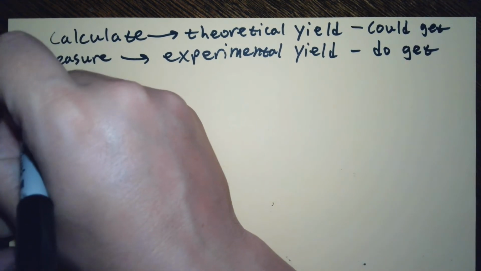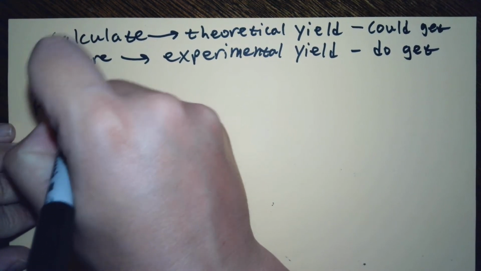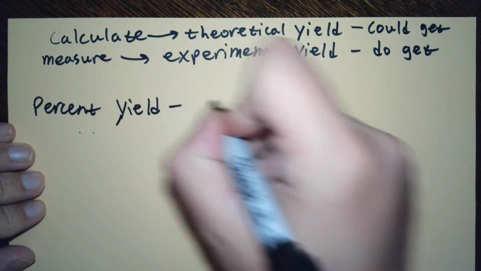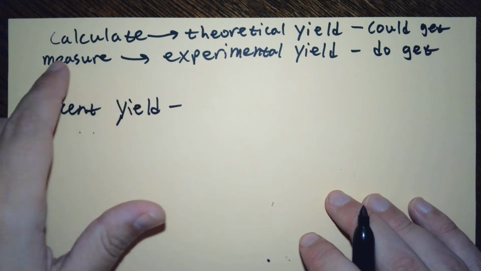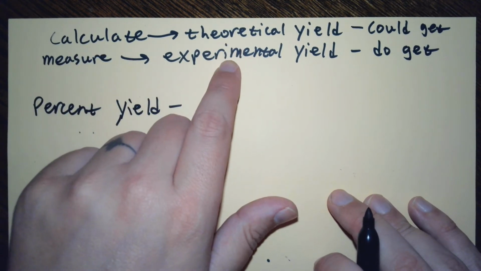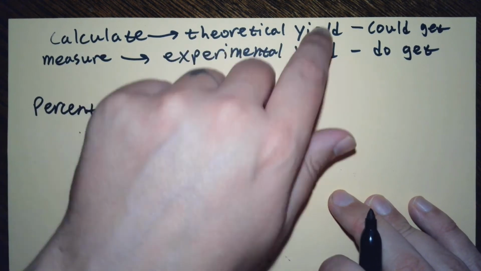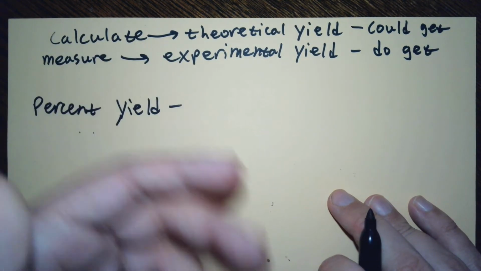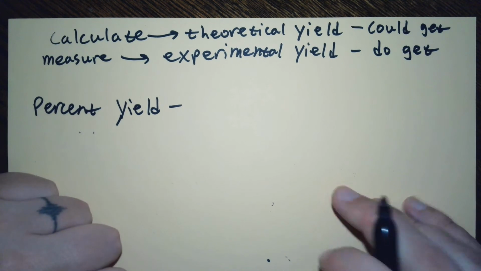So we can put these ideas together and get percent yield. Percent yield is basically how much of that theoretical yield did I get. There's what I have, and there's what I could have gotten in a perfect world. Did I get 50% of it? Did I get 70% of it? That's what percent yield is.